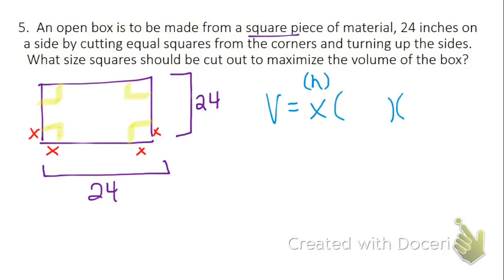Okay, and then your length and your width is going to be like this part here and this part here, because when you fold it up, those squares are folded in. Well, if 24 is the whole entire thing and you're cutting off these two little squares, then the actual length that I'm looking for right in here is 24 minus 2 of the x's.